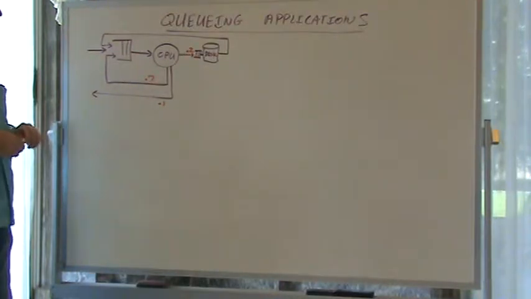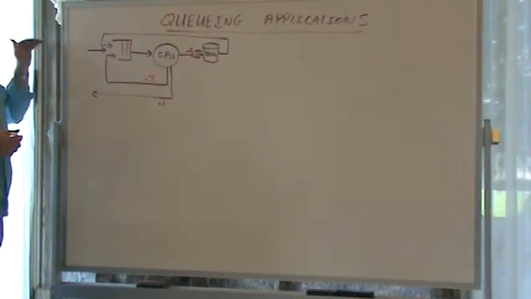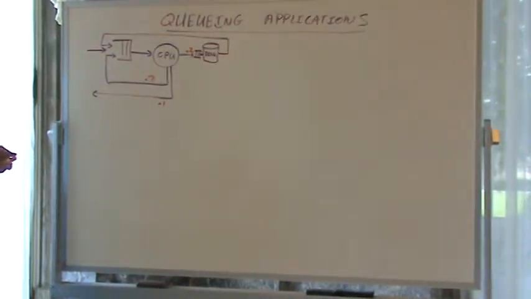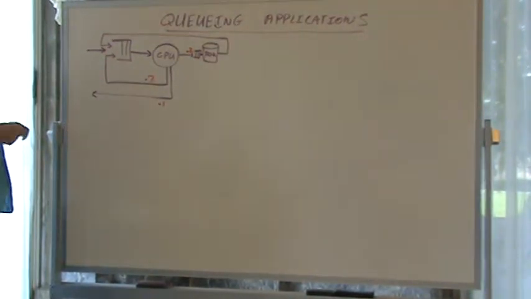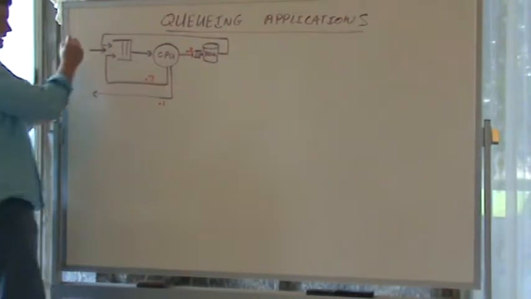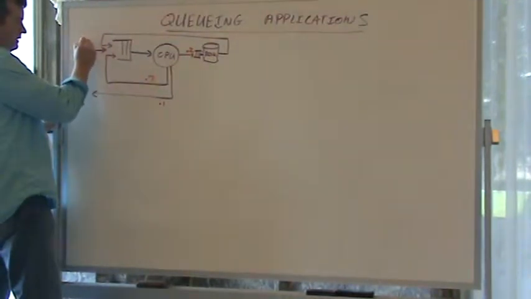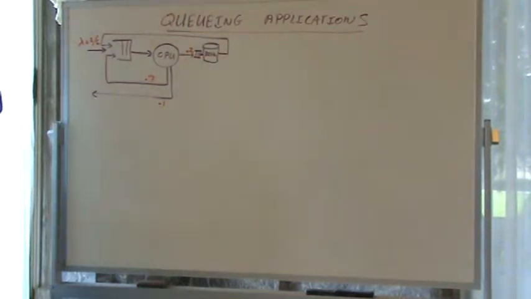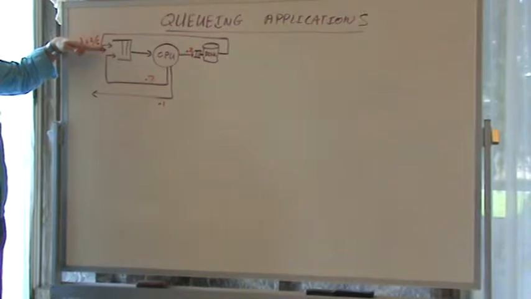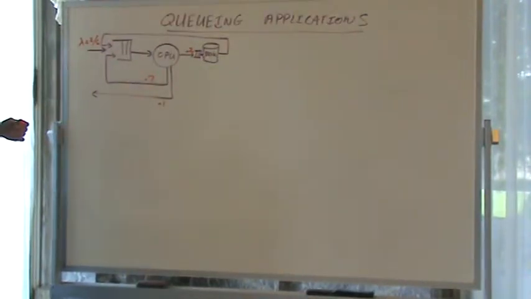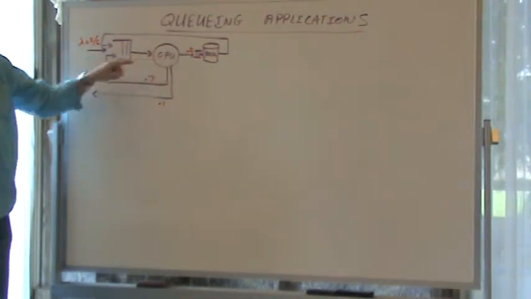So just as a little refresher, if anyone wants to make up a rate, say lambda, the rate into the system is 2 per second. For every time a process comes into the system from the outside world, how many times will it visit the CPU?